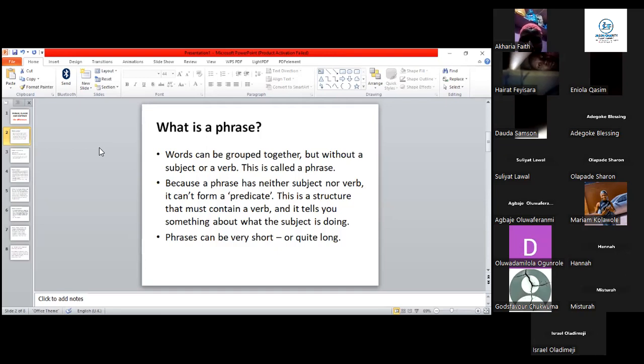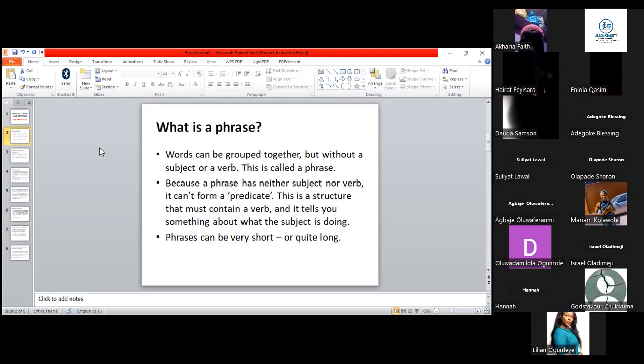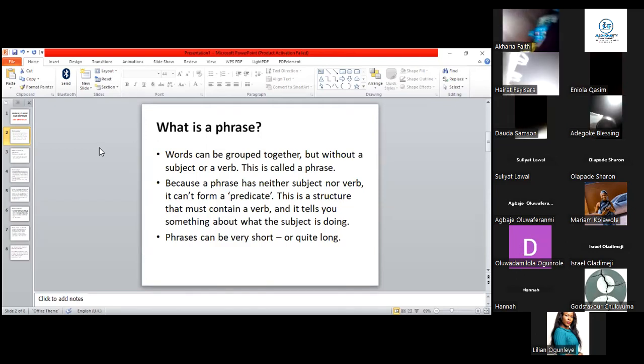Now, according to the traditional grammarians, a sentence or an expression is divided into two parts, the subject and the predicate. The subject is the actor in a sentence. Anytime you make a sentence or write a sentence, a particular action is expressed or a message is passed across.